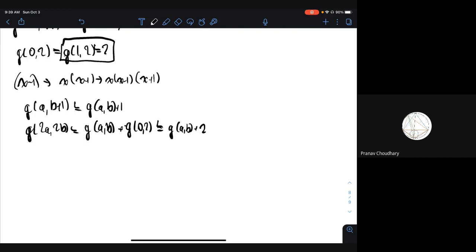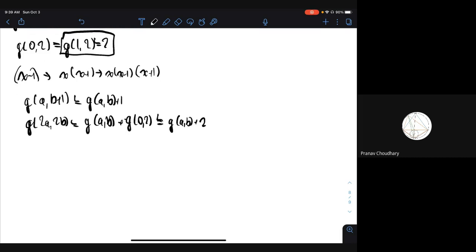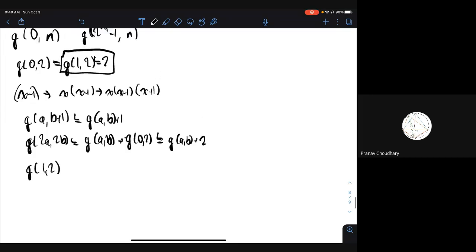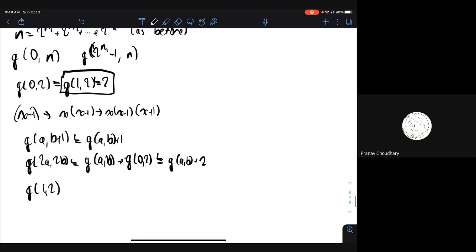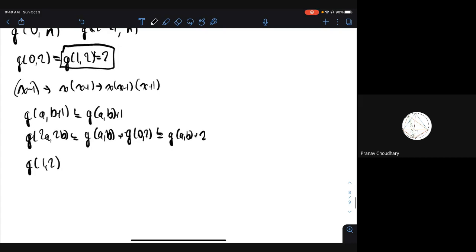The basic idea is that to double the exponent, it takes 2 operations, and to add 1 to the exponent, it takes 1 operation. So now, starting from g of 1, 2, we have to double this thing n1 minus 1 times, sorry, to get to n1.